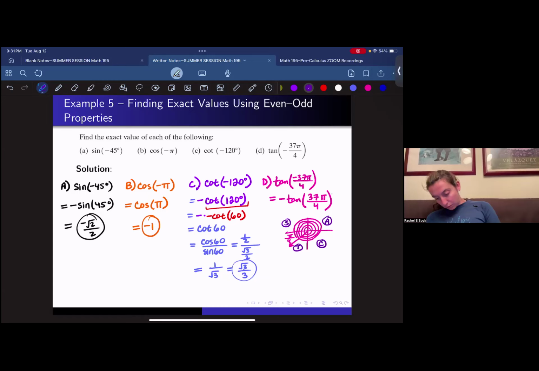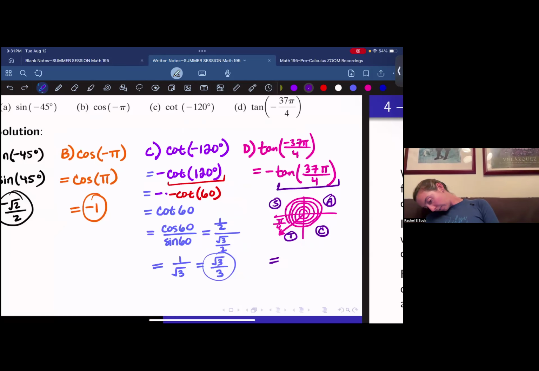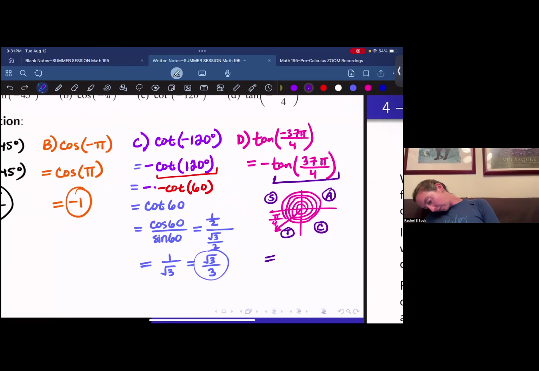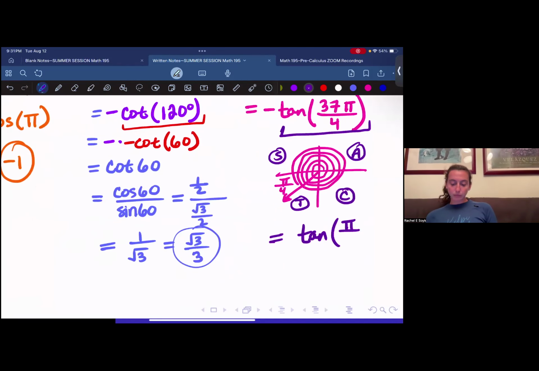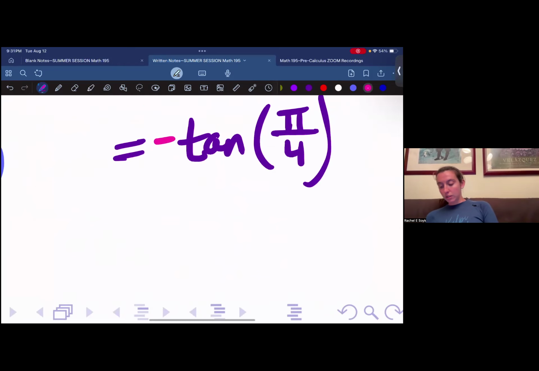So we can rewrite this tangent of 37 pi over 4 to be just tangent of pi over 4. And then we don't want to forget the negative in front. Let's zoom in a little bit more.